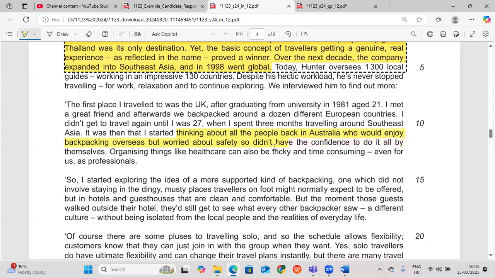Many people love to travel, but the only concern is safety. His company takes care of the safety anyway. And then he said, I started exploring the idea of more supported kind of backpacking. This part can be there. This can be summarized as well. Squeeze that information, write in passive voice. That will be helpful.